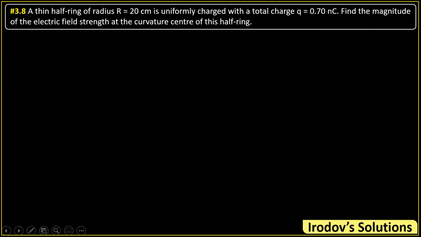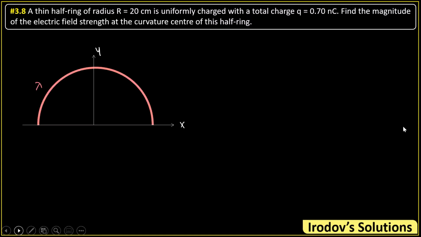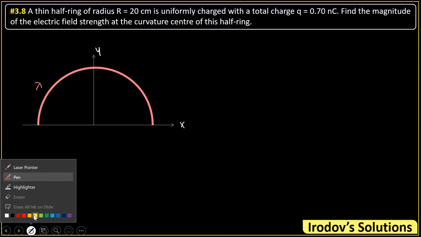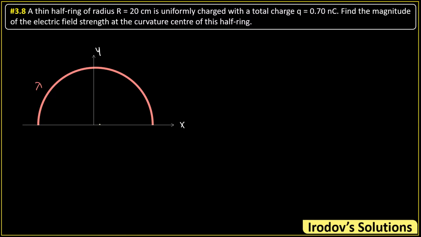So let's proceed. This is a half ring of uniformly distributed charge whose linear charge density is lambda, radius is r, and we have to find the electric field at the center. So we can take some element here, which is at angular position theta from the x-axis, and let's take a little element of the ring.